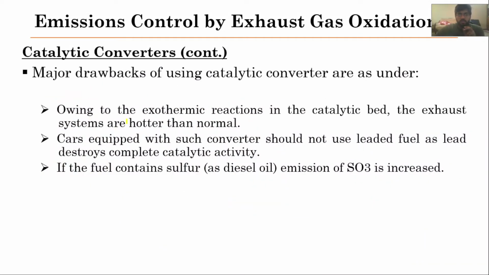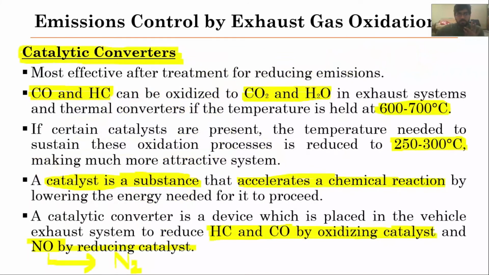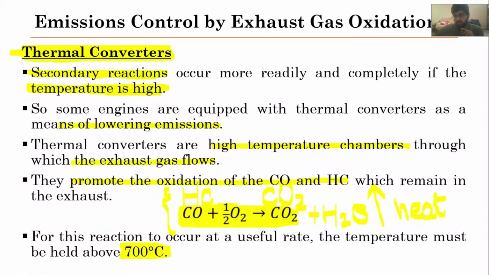Now, what are the major drawbacks? The major drawbacks are that all the reactions which are occurring here are exothermic reactions, and therefore the exhaust which we get is at quite higher temperatures. The conversion of carbon monoxide into carbon dioxide and conversion of unburned hydrocarbons into carbon dioxide and water vapors are exothermic reactions, as I mentioned earlier in the thermal converters, that a large amount of heat is being generated, and because of that higher temperatures are being sustained.